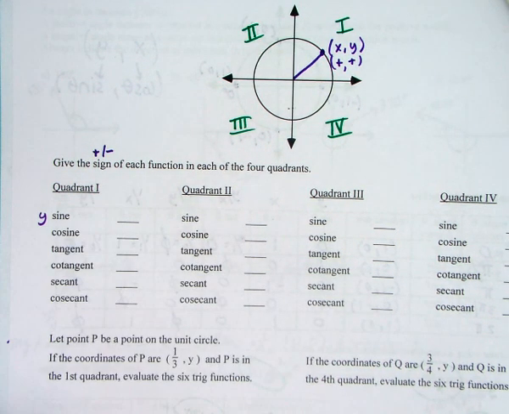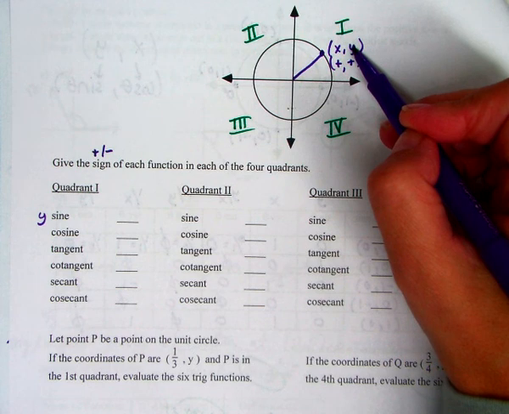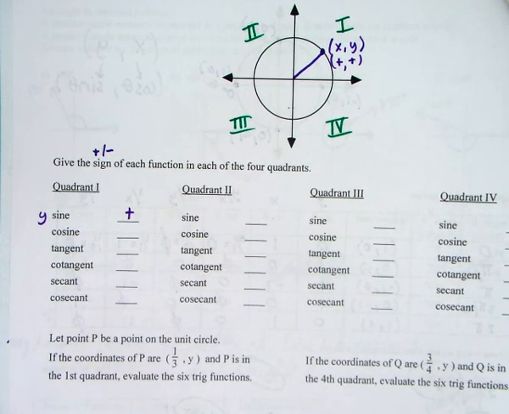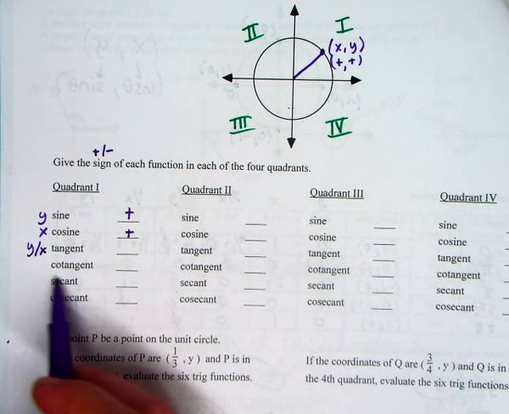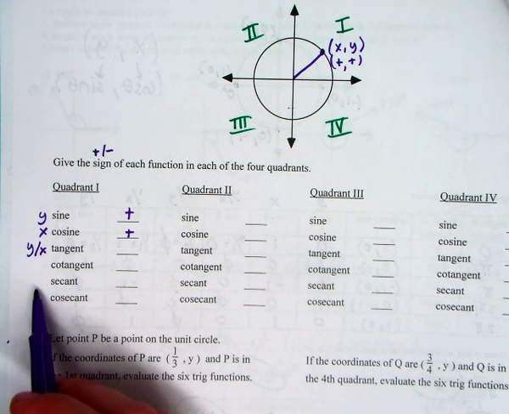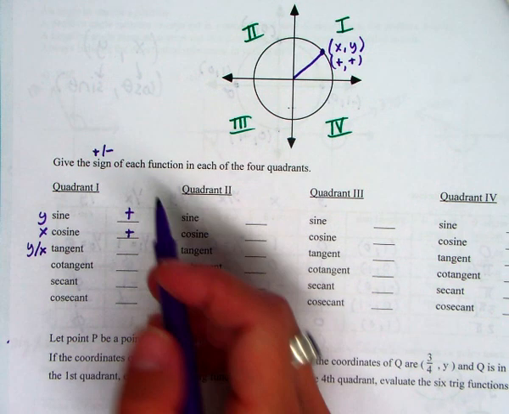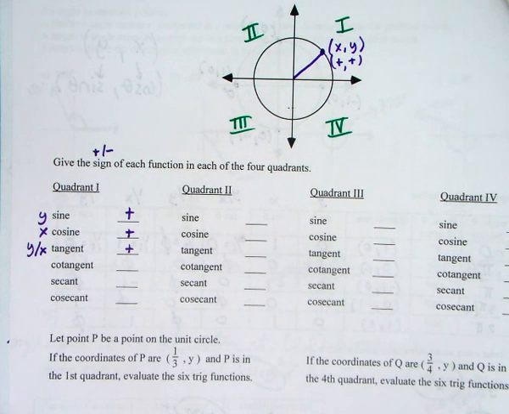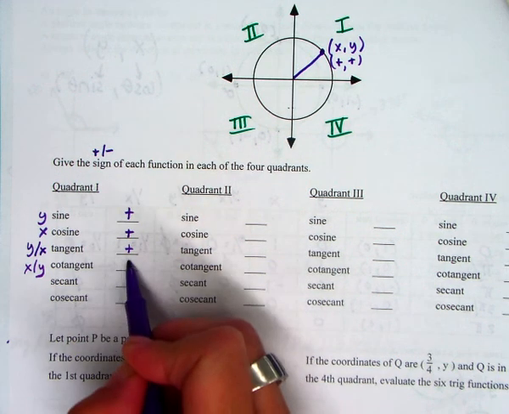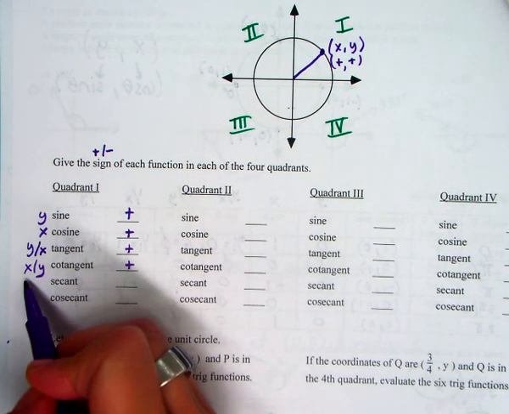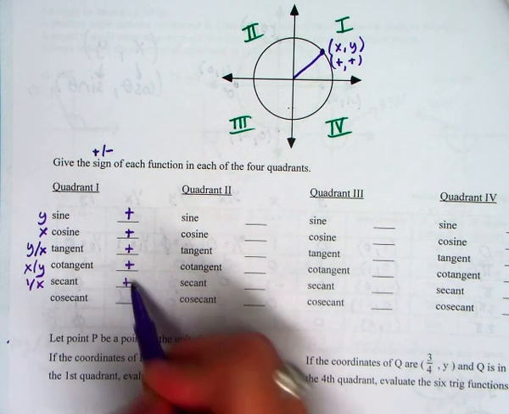So my y coordinate is just going to be positive. We know that cosine is x, so that's also going to be positive. Tangent, it's y over x, so that's a positive over positive, which would just be a positive. Cotangent is the reciprocal of tangent, so that's also positive. Secant is 1 over x, positive.